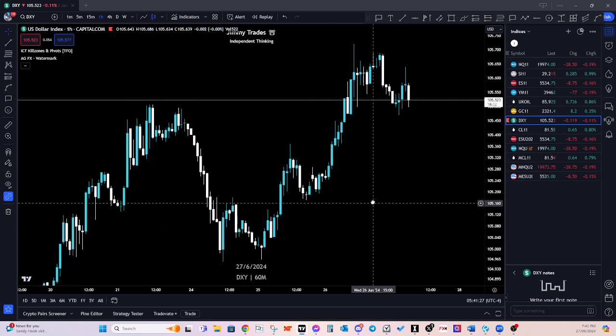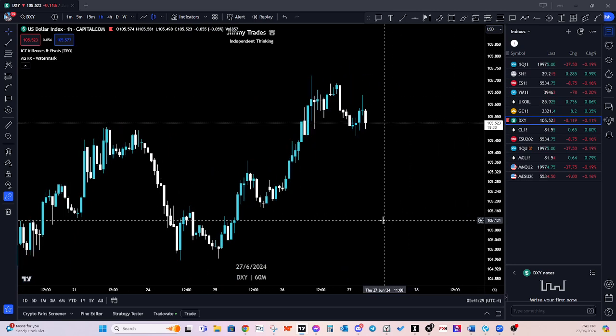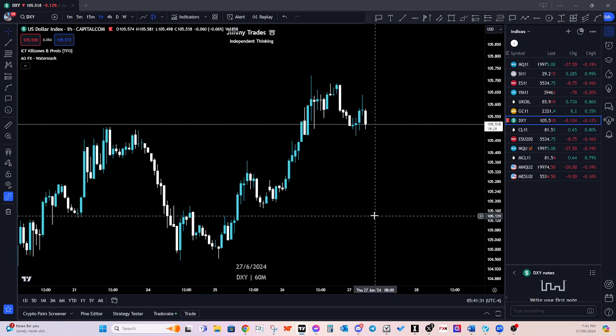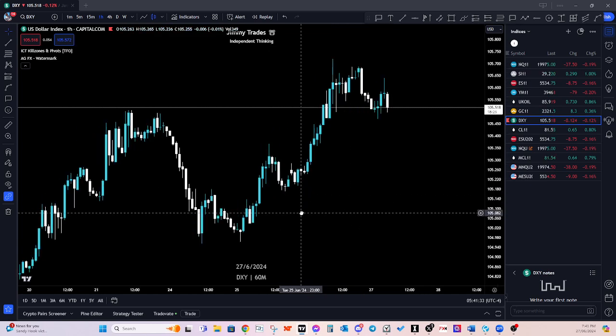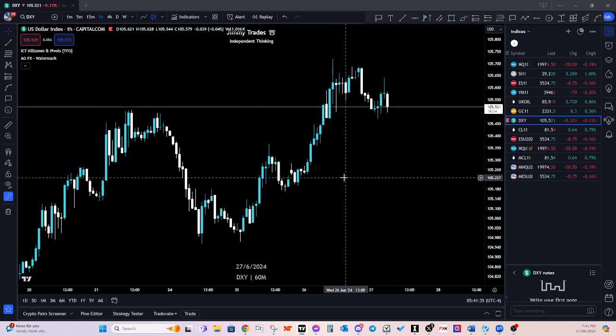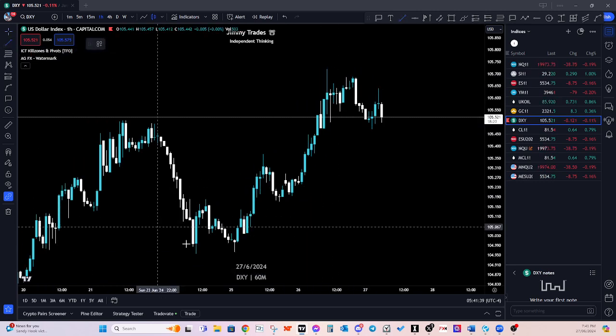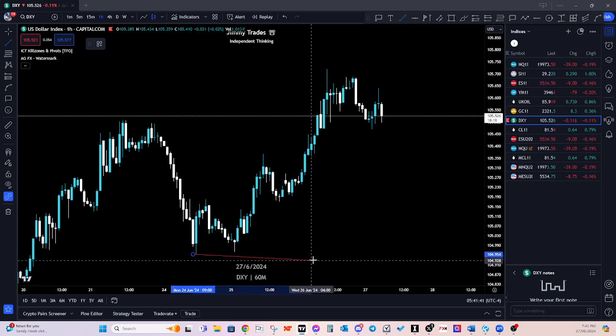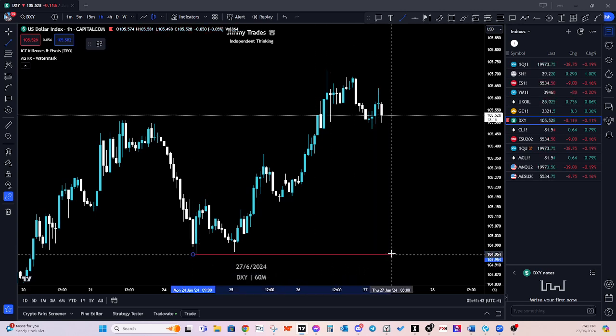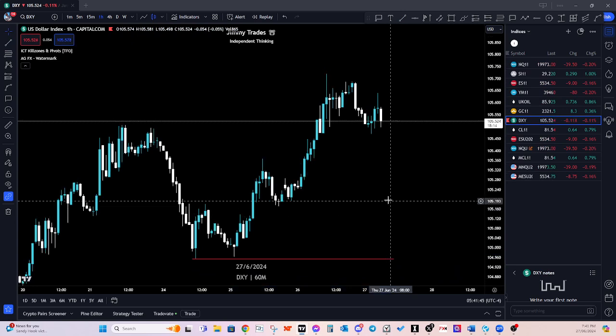So what do we got on the hourly here? Price has been obviously in an upward trend here. What we do notice here is we've created relative equal lows, potential draw on liquidity.